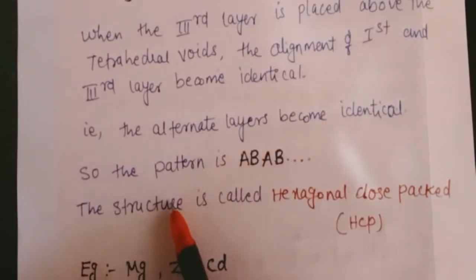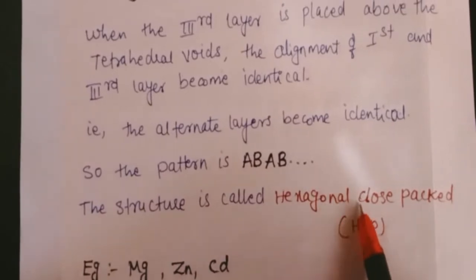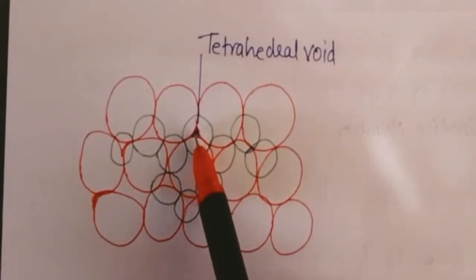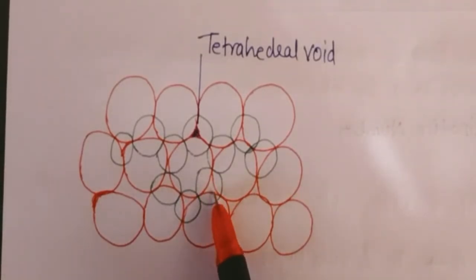So the pattern is AB AB, and the structure is called hexagonal close packed. The examples are magnesium, zinc, cadmium. In the figure, this is our tetrahedral void, and we are covering it with a third layer. In this case a hexagonal close packed structure is formed, and the pattern of the layers is AB AB type.